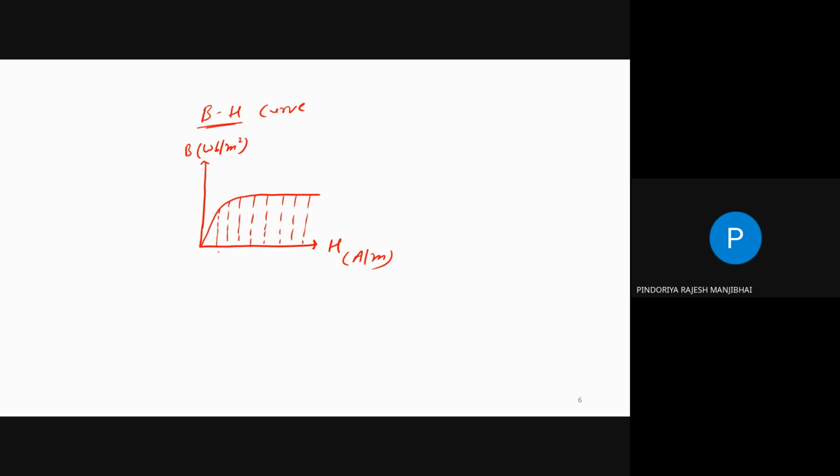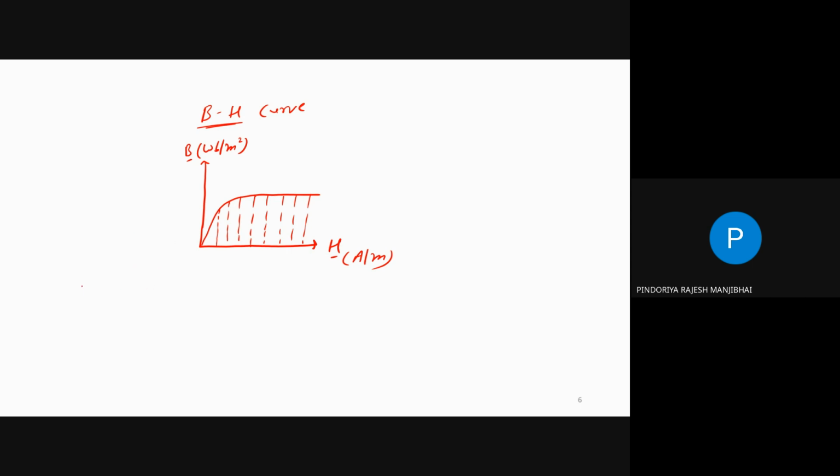So B is the magnetic flux and H is the magnetic intensity, correct? B is the magnetic flux density, and the unit is Weber per meter square, and H is the magnetic flux intensity.